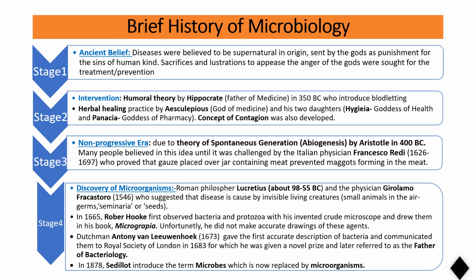So, because Antony van Leeuwenhoek was the first scientist that accurately described bacterial shapes, he was later referred to as the father of bacteriology. In around 1878, another scientist, Sedillot, introduced the term microbes to referring to microorganisms, which is now replaced by the word microorganisms.